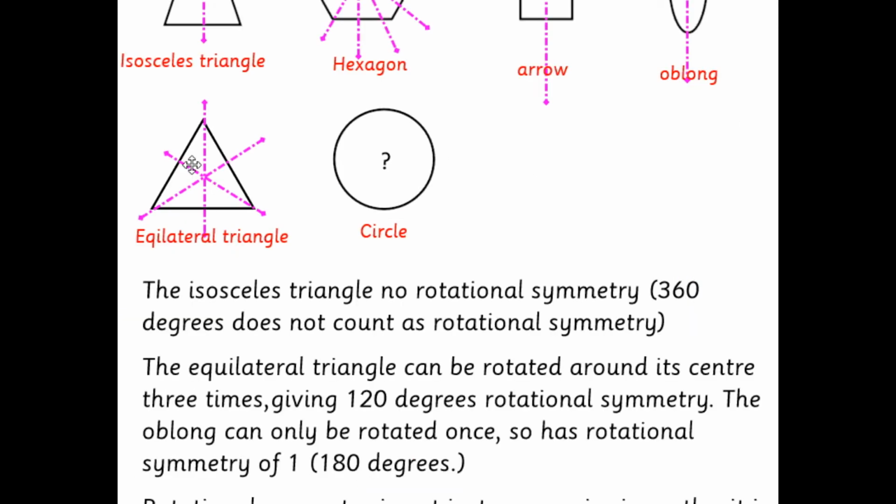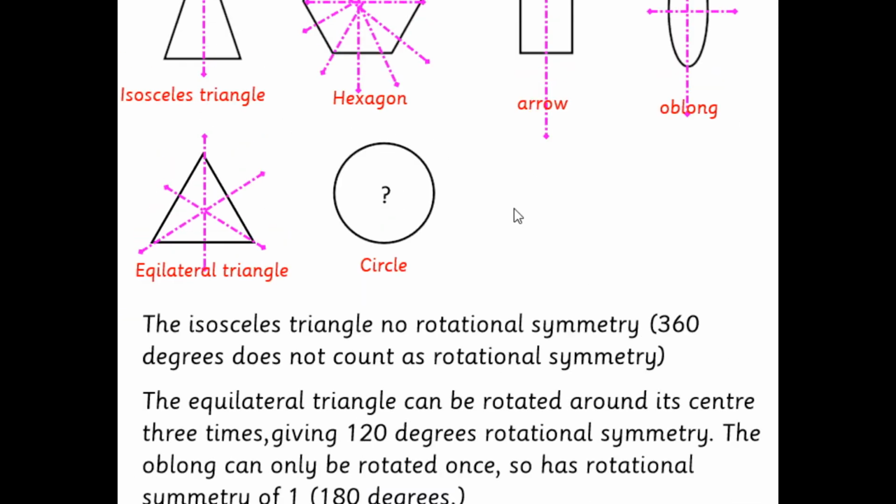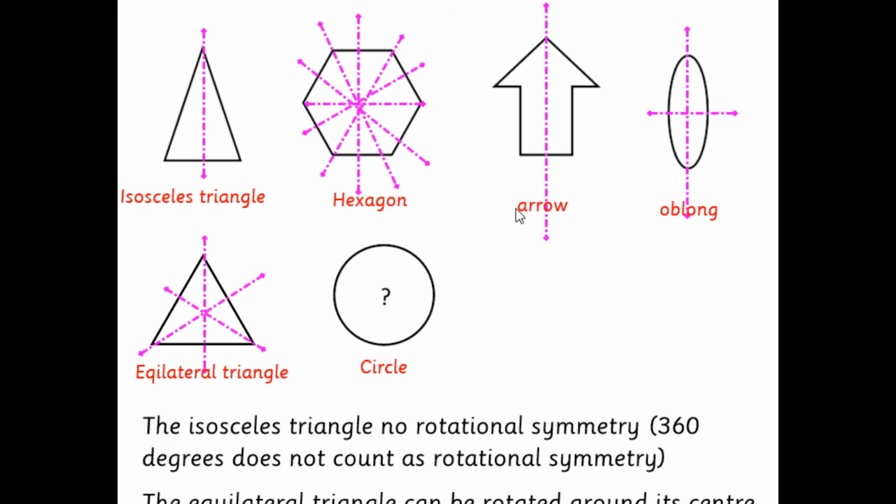If you look at the isosceles triangle here, you can see it's got no rotational symmetry. You could take it and rotate it around, all the way around, back to where it started, but don't count 360 degrees as rotational symmetry. The hexagon we can rotate 6 times.